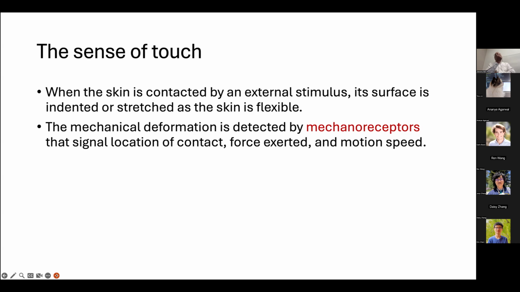These 2 are Germans, and then there is Ruffini, and then there is Pacini. There are 4 types. These folks got their names because they discovered them sometime in the late 19th century. So let's try to remember the names: Meissner corpuscle, Merkel disc receptor.